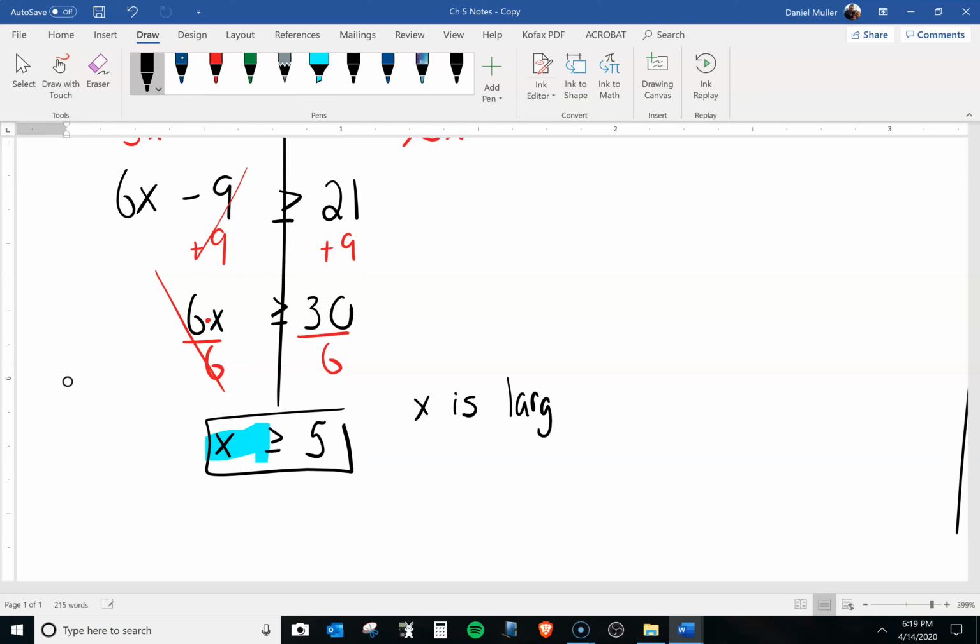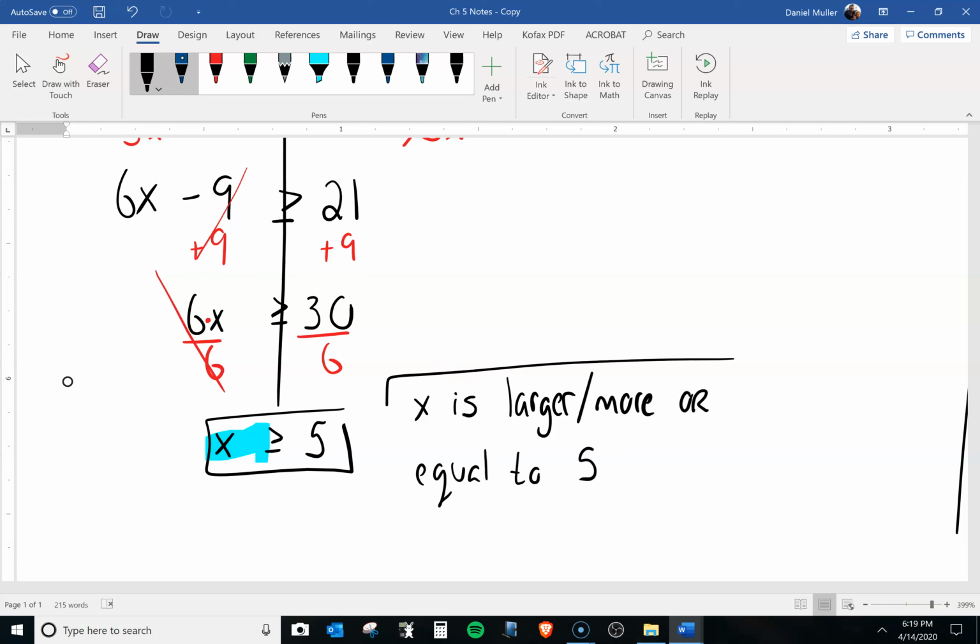So x is larger than 5. You can put larger, you can put more, anything like that, than 5. Oh, x is larger, more, or equal to 5. So that is our sentence that can go along with this.